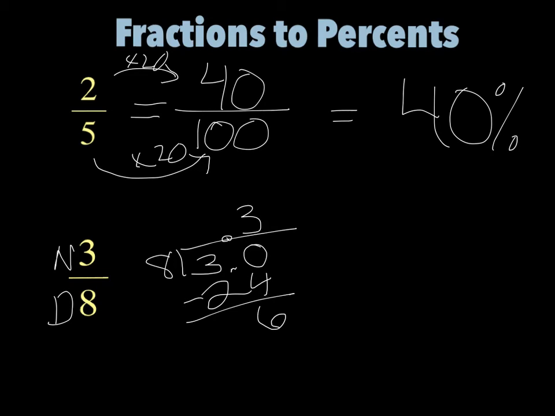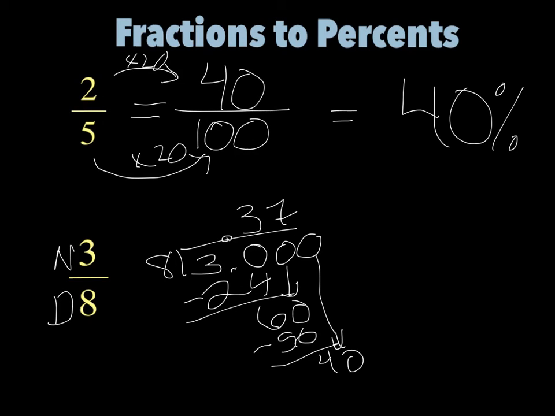I have 6 left over when I subtract, add that 0. 8 will go into 60 7 times. Subtract 56, you have 4 left over, add 1 more 0, keep going until it either repeats or terminates. 8 will go into 40 5 times exactly, and we have 0 left over.